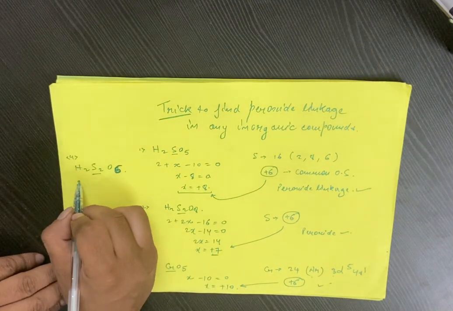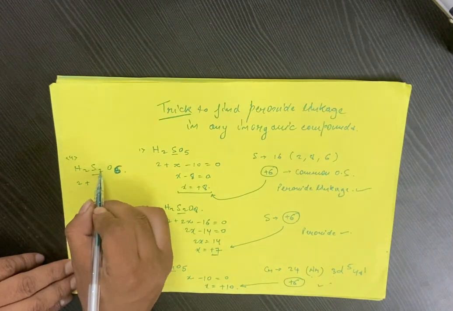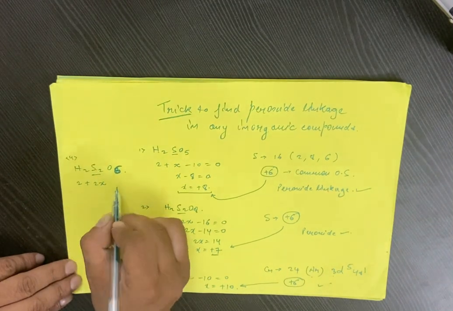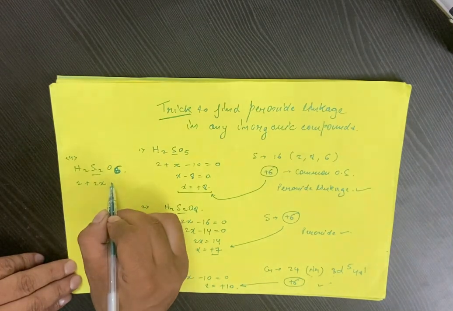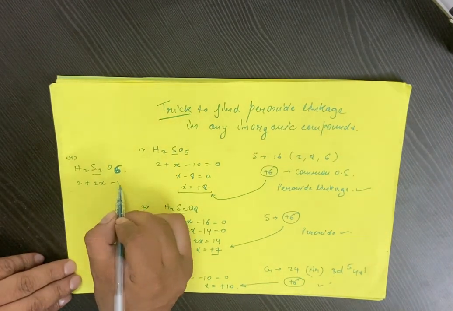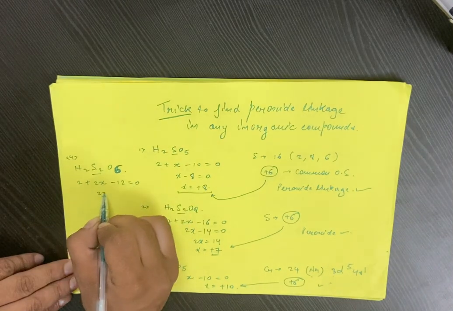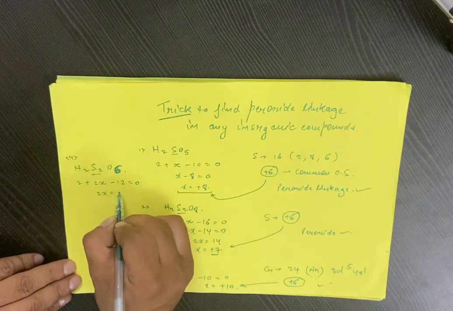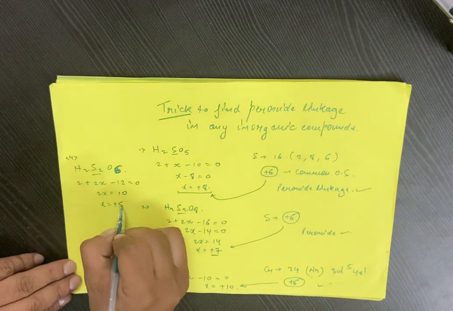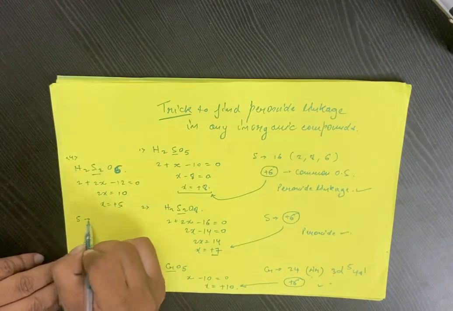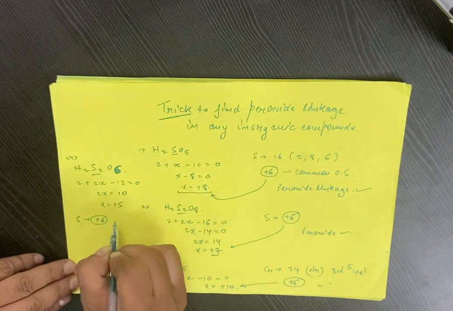Hydrogen 1 into 2 comes to be 2 plus 2 atoms of sulfur, so it comes to be 2x. Oxygen has an oxidation state of minus 2, minus 2 into 6, it comes to be minus 12 equals to 0. 2x comes to be 10, x comes to be plus 5, but sulfur has a maximum oxidation state of plus 6.